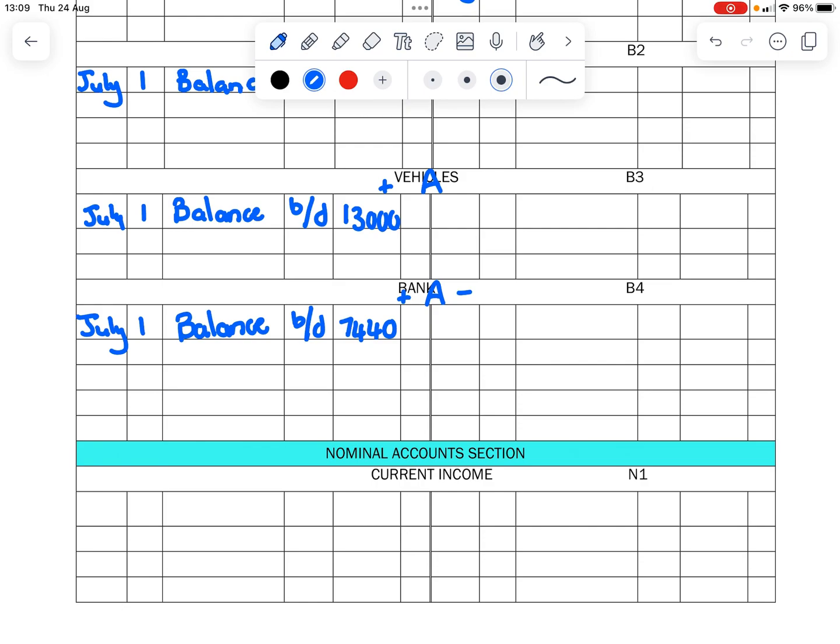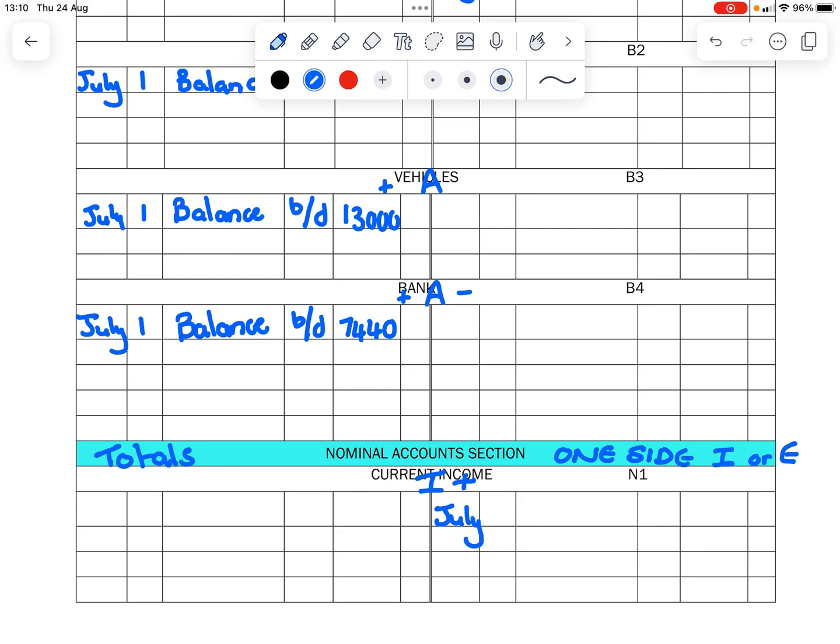We then get to the nominal accounts section of the general ledger. The only difference here is in the nominal accounts section, we use totals instead of balances, and we only ever use one side at a time. It's incomes or expenses. Our incomes, again, we follow the plus side, so we'll use the credit side.